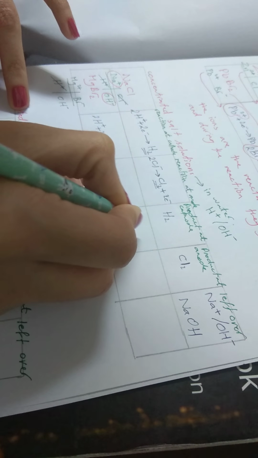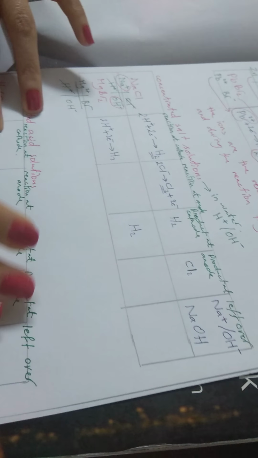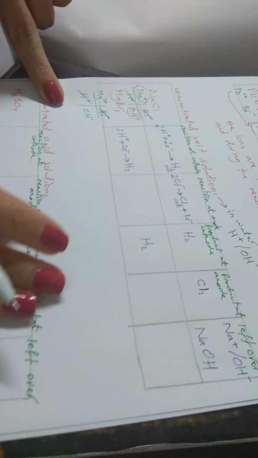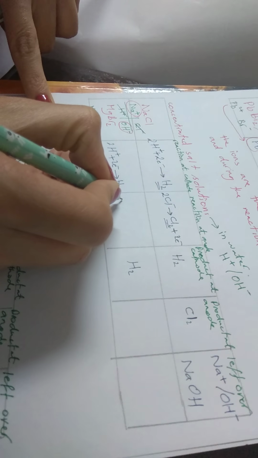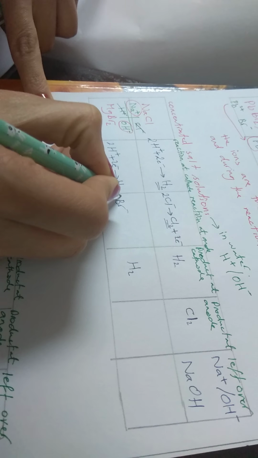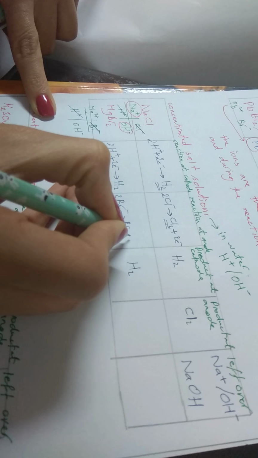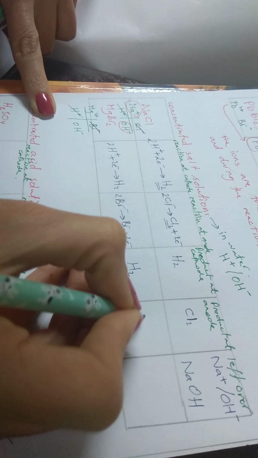So the product is hydrogen gas. At the anode, we have the Br- and the OH-. Since Br- is a halide from group 7, it is the Br- that will be discharged. So the product here is Br2.